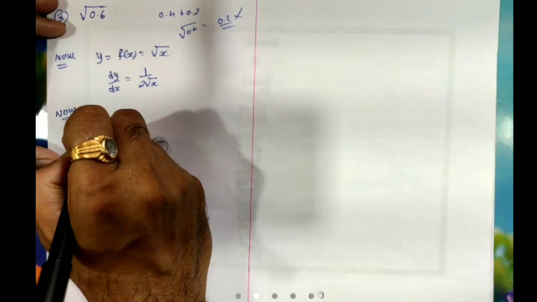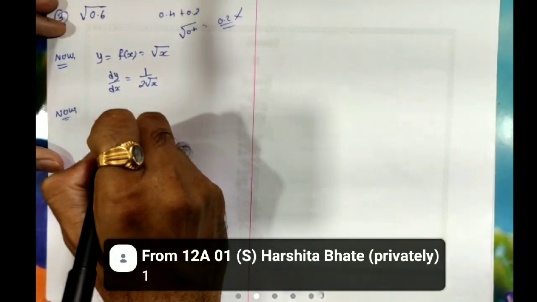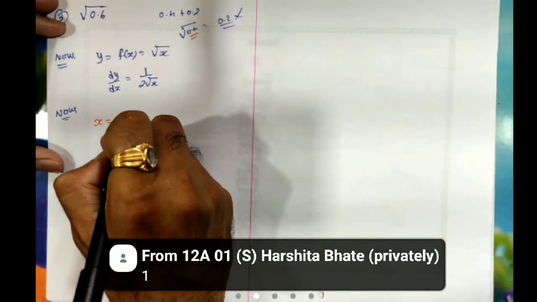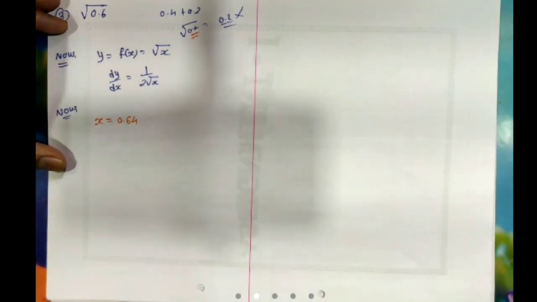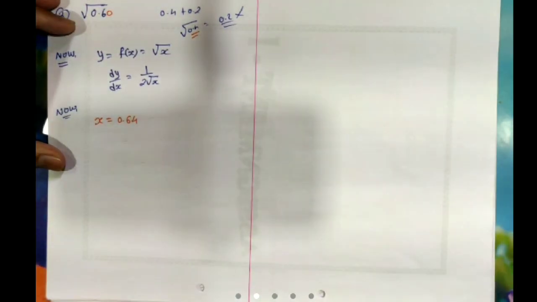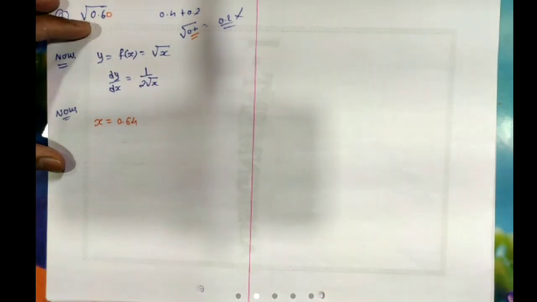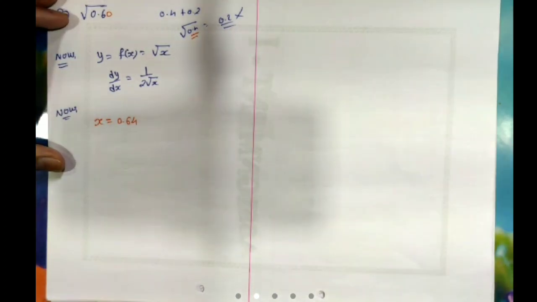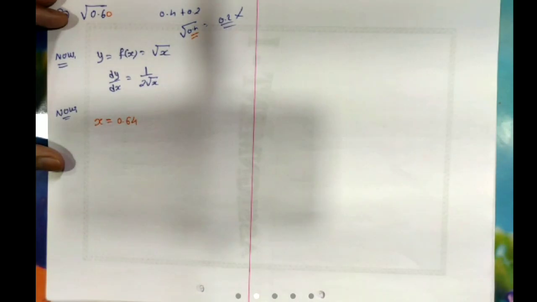So that number is our perfect x, which is not 0.4 but actually 0.64. The nearest number to 0.60 is 0.64, whose square root can be easily found. So for this case, our perfect x is 0.64.